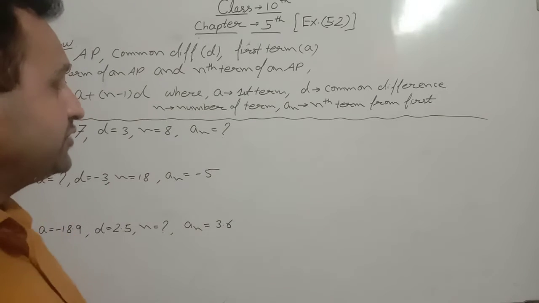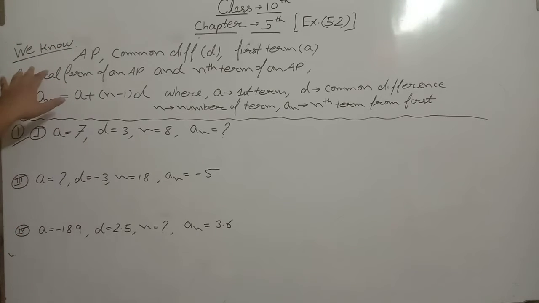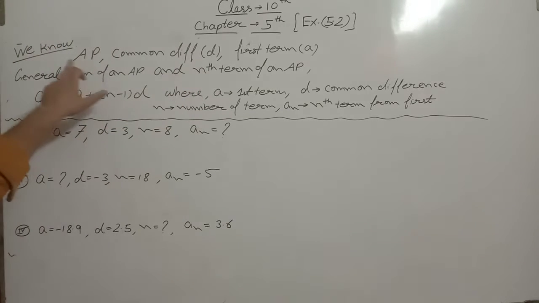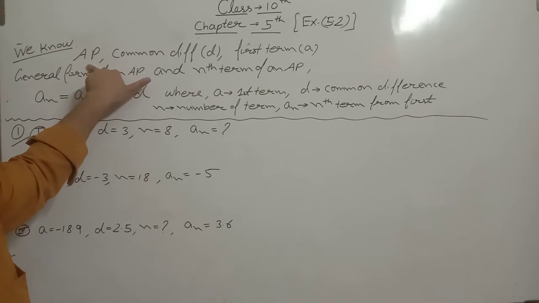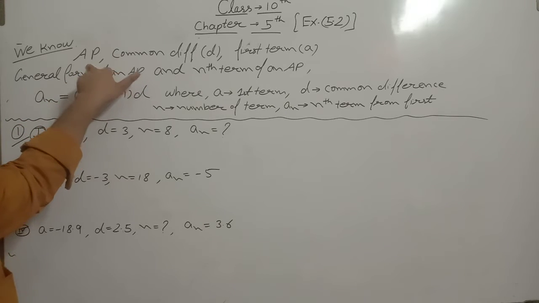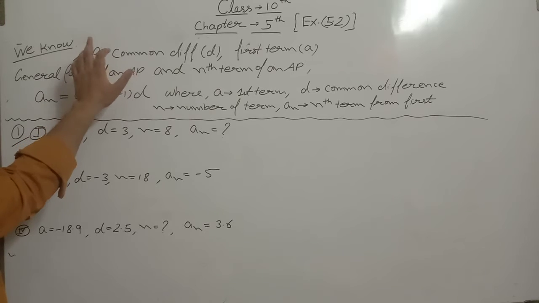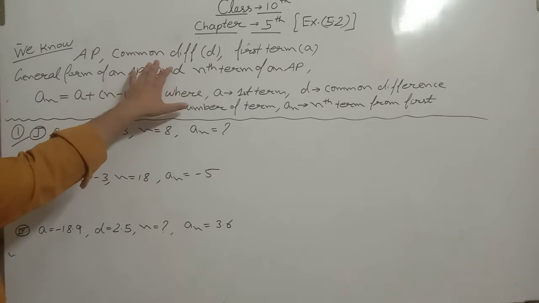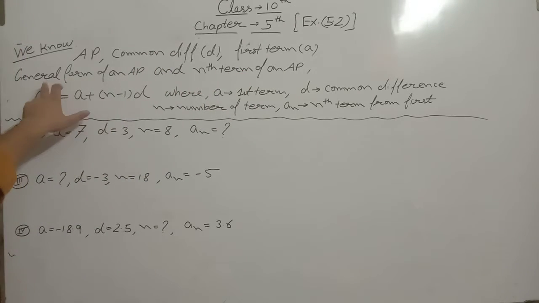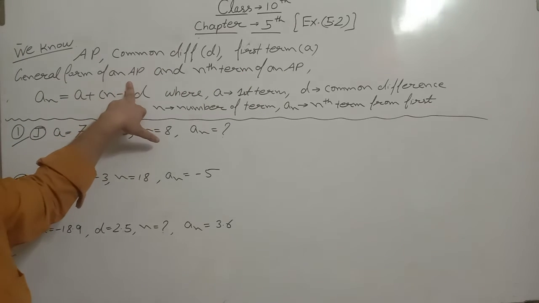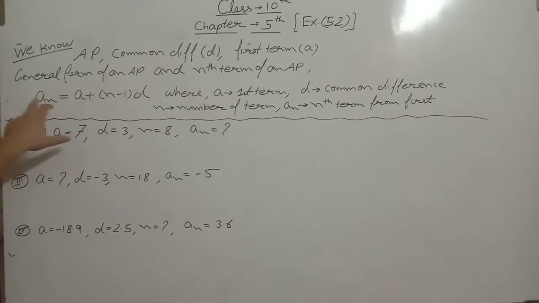Now we start exercise 5.2. As a revision, we know arithmetic progression is a list of numbers in which each term is obtained by adding a fixed number to the preceding term. Common difference: a2 minus a1, a3 minus a2. First term, general form of an AP: a plus d, a plus 2d, a plus 3d, and so on.